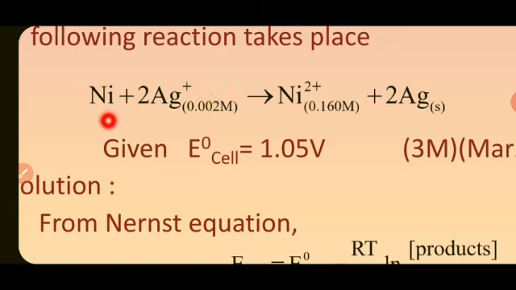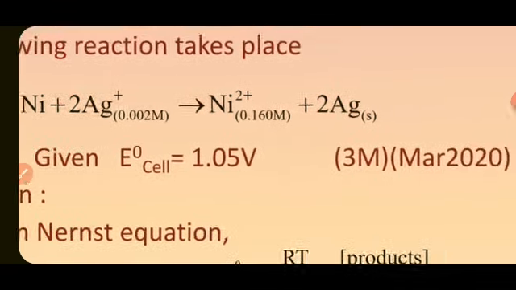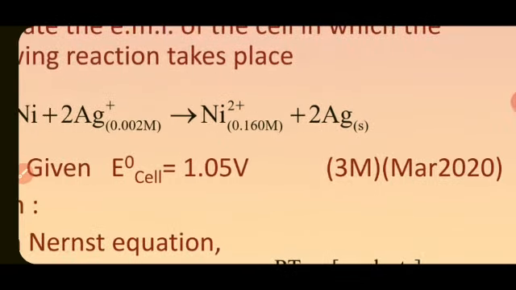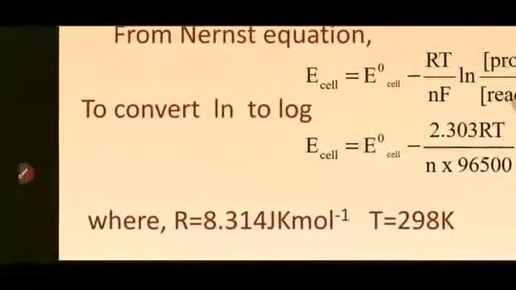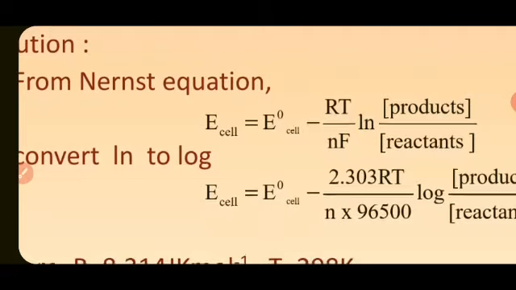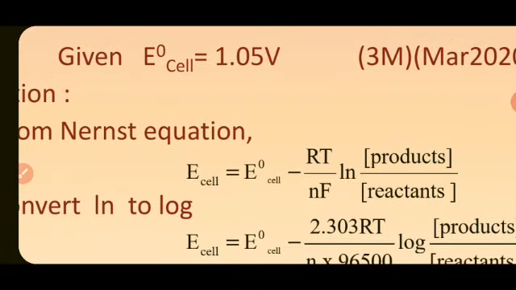Now from this equation, what is given? E0 cell is equal to 1.05 volt. This problem was already given in the March 2020 paper for 3 marks. How to solve then? Again by using Nernst equation.